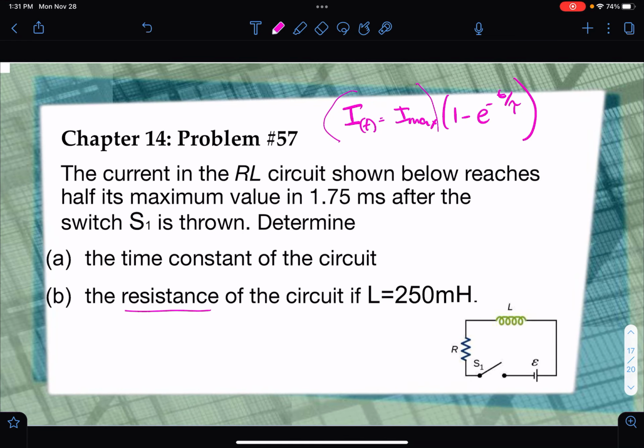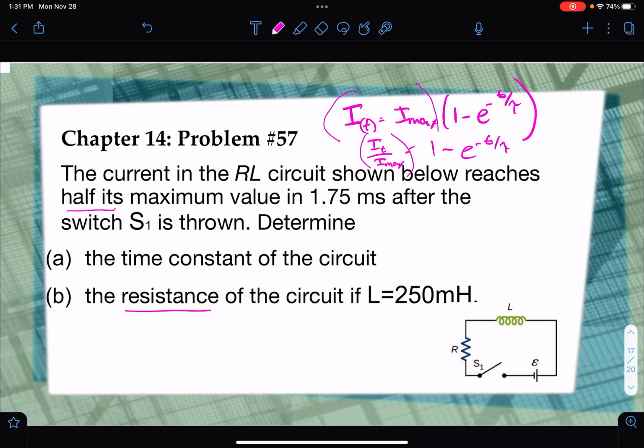When we divide that out, we know that it's half of its maximum, so that's going to be your 0.5. This term is 0.5 because it says half of its maximum, so when you divide that out, you get 50% or 0.5.